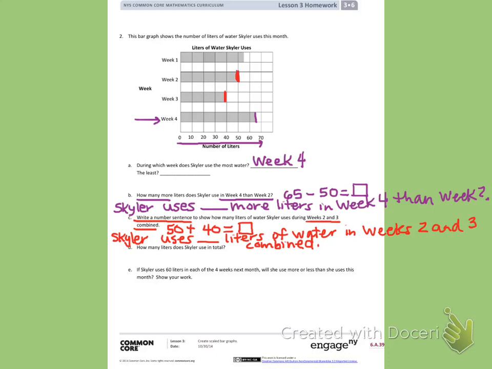Item D says, how many liters does Skylar use in total? I'm going to highlight that. How many liters does Skylar use in total?